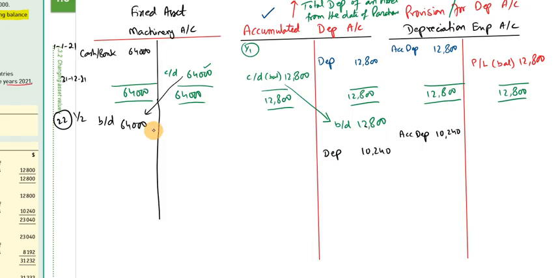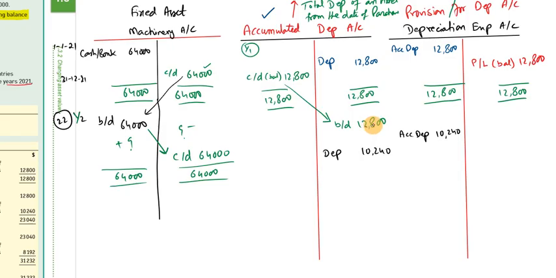Again there is no addition or deletion in the machine account. So this BD again will be the CD of year 2. So 64,000 is the closing balance again. Now this is the closing of year 2. The accumulated depreciation tells us the total depreciation.